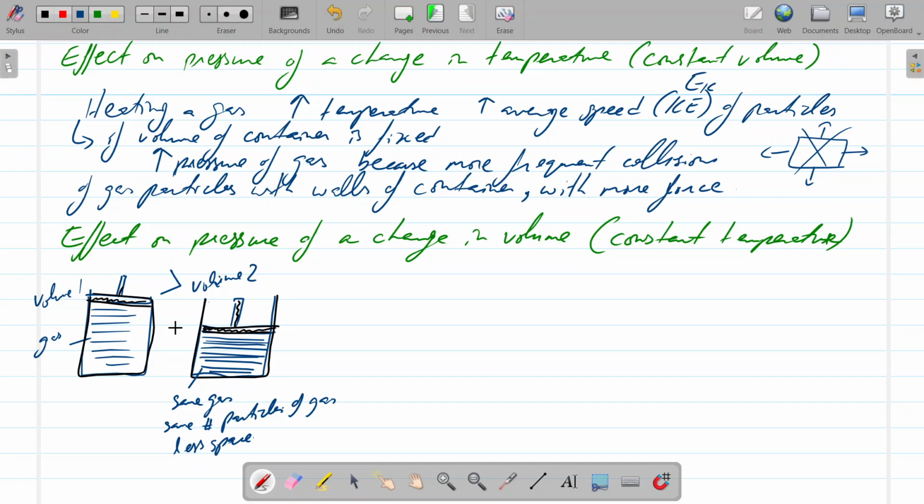What's happening is, right, the energy of the particles has not increased, right?